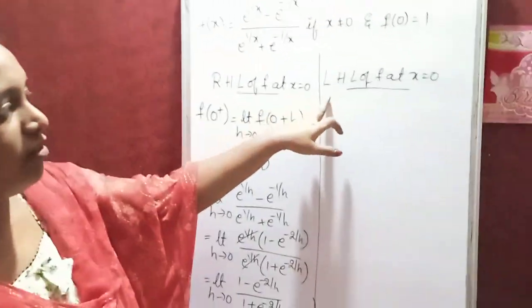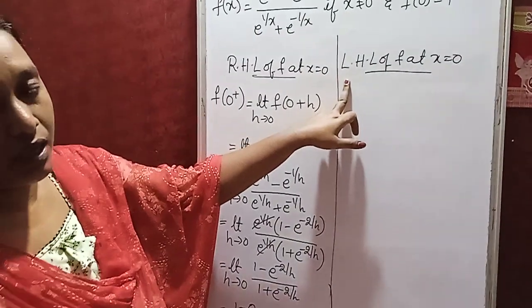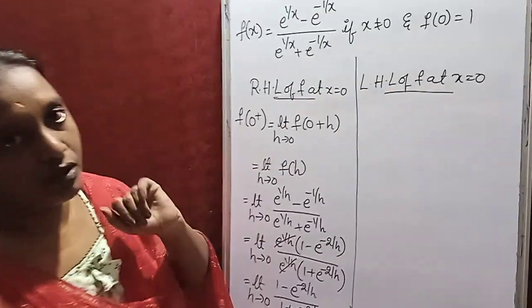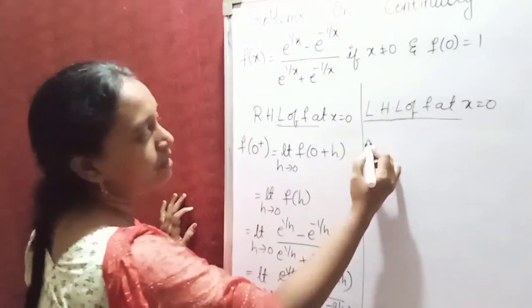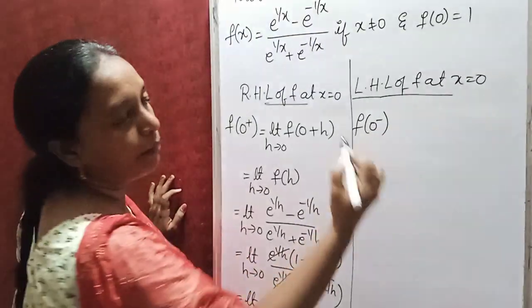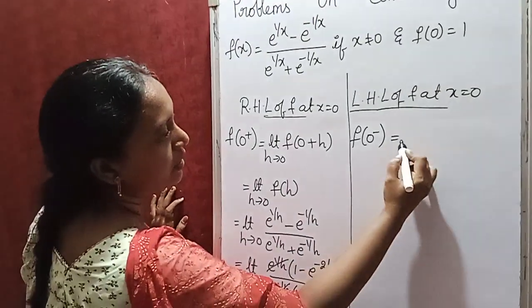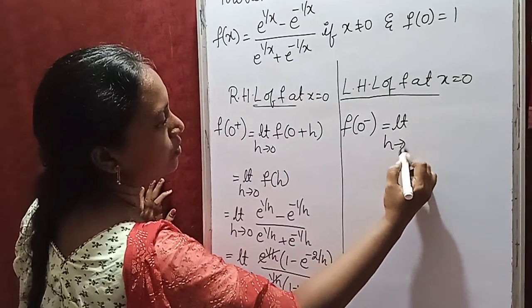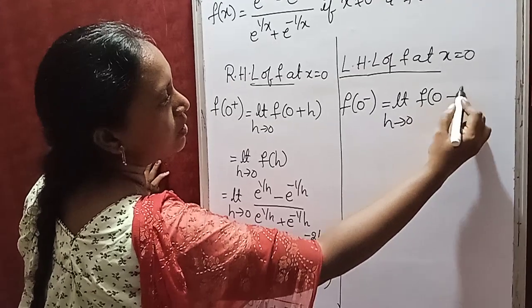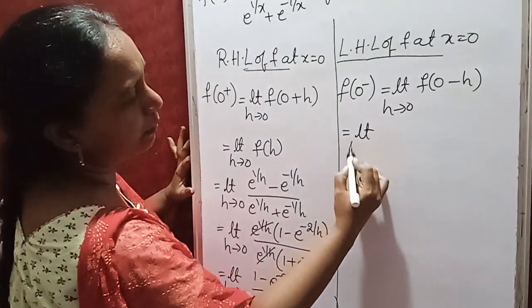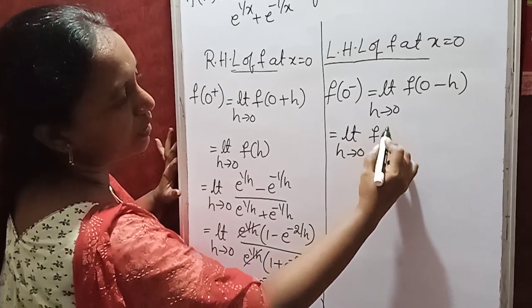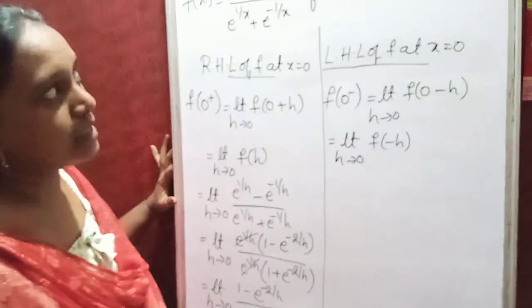In step 2, I will find out the value of left hand limit of f at x equal to 0. So, left side means f of 0 minus. So, that is equal to limit h tends to 0 f of 0 minus h, which is nothing but limit h tends to 0 f of minus h.